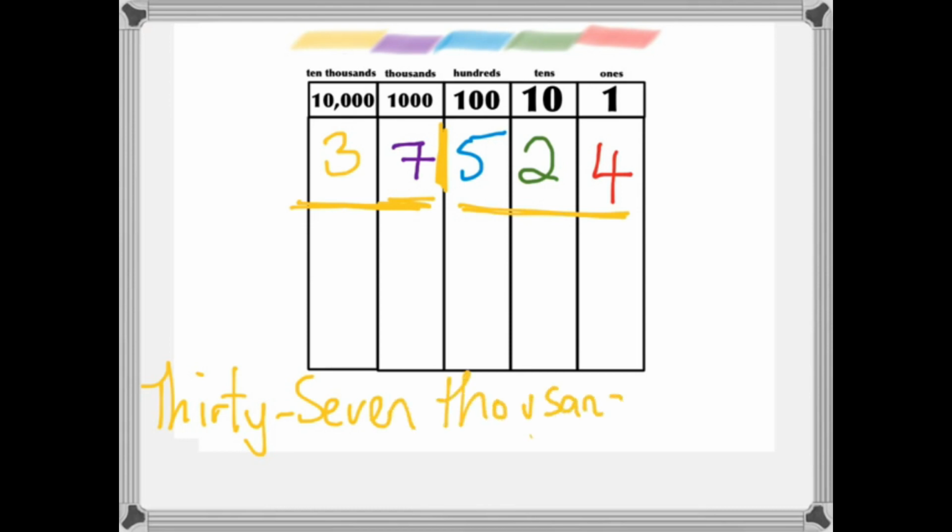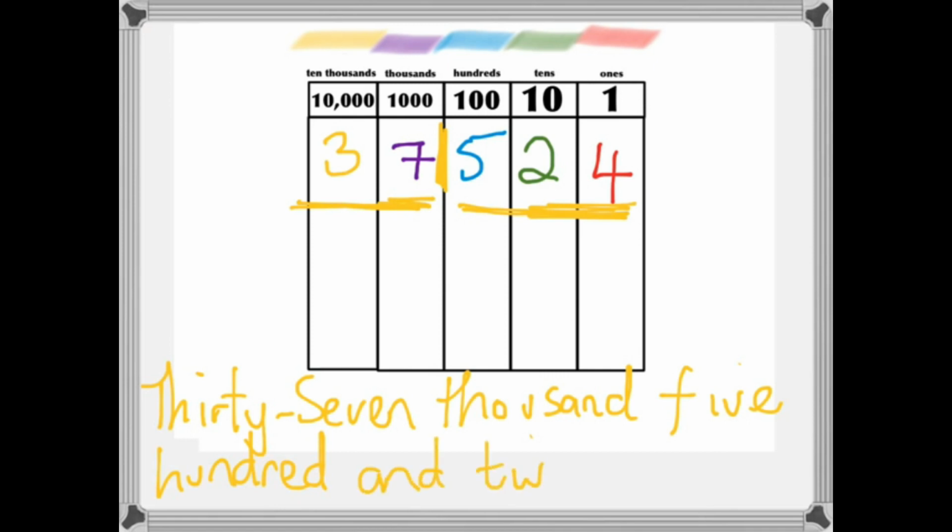That works the same way as our tens and ones there. So 37,000, and we've still got 500 and 24.